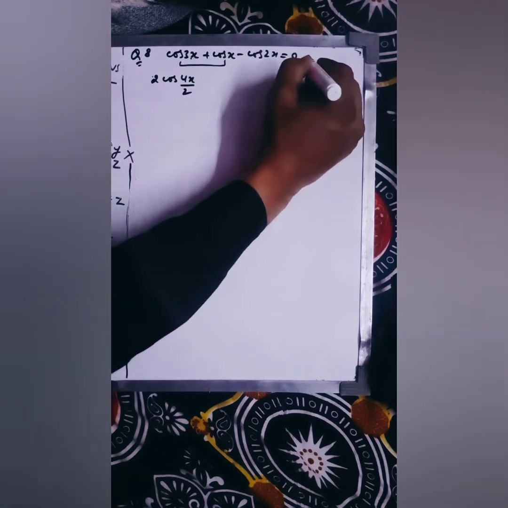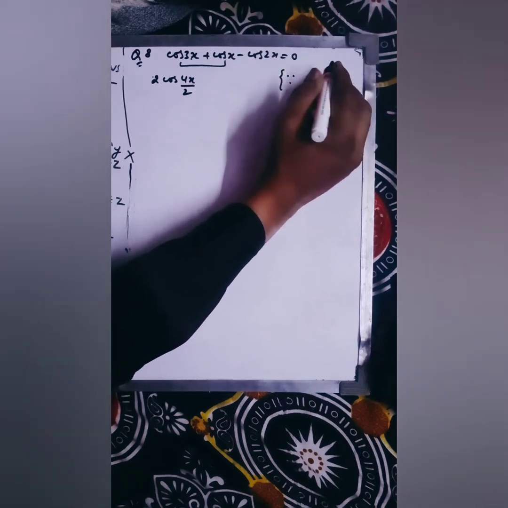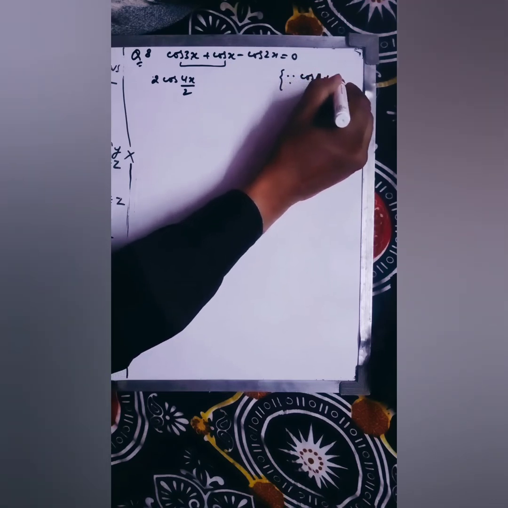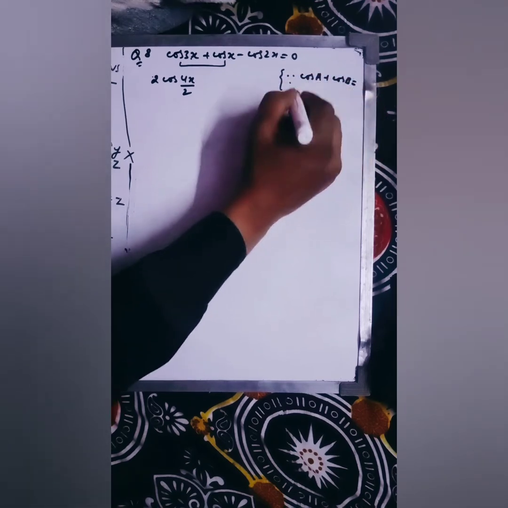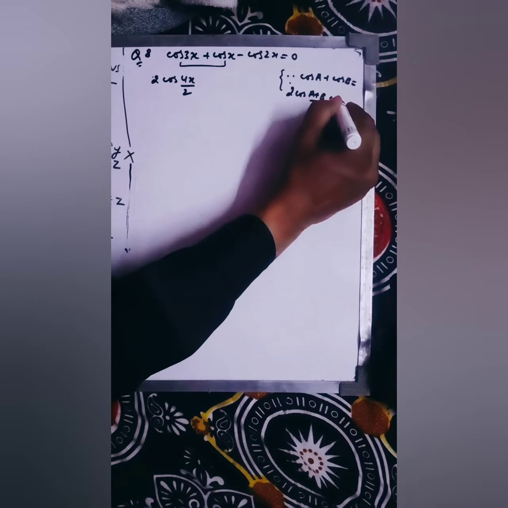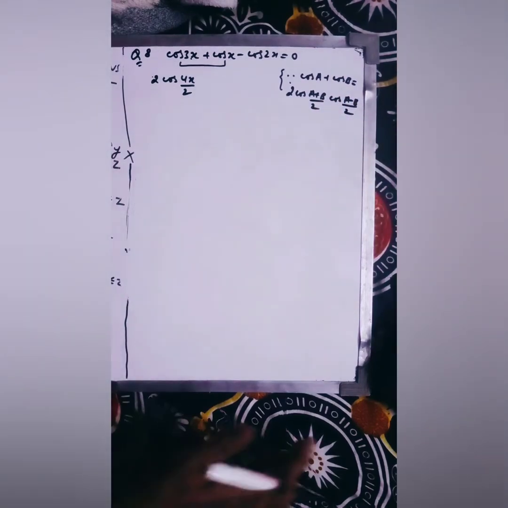I'm writing the general formula here, just wait. Cos a plus cos b is equal to 2 cos a plus b by 2 and cos a minus b by 2.